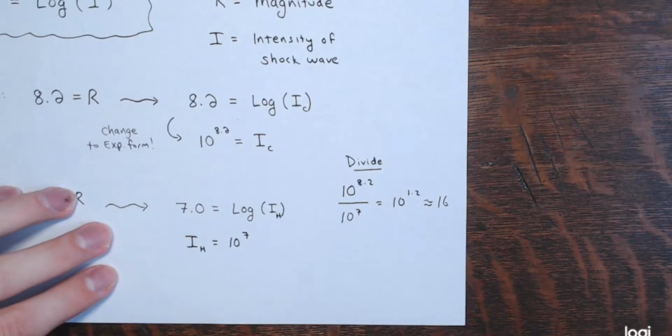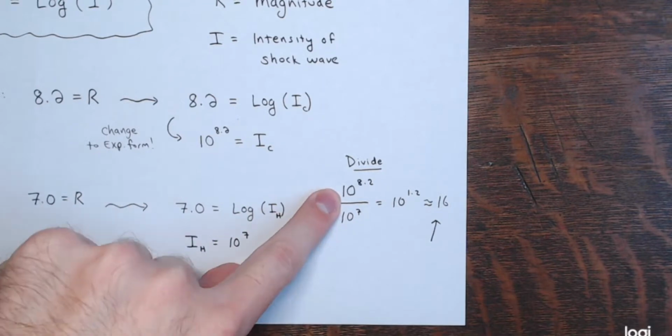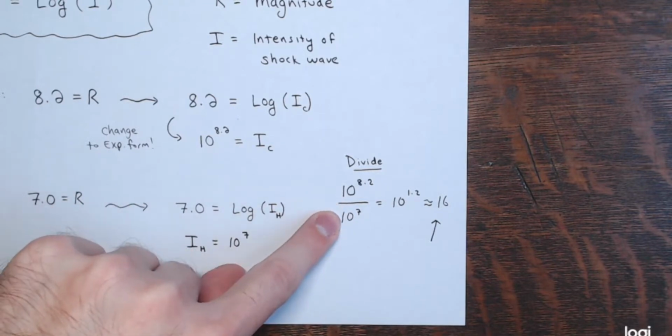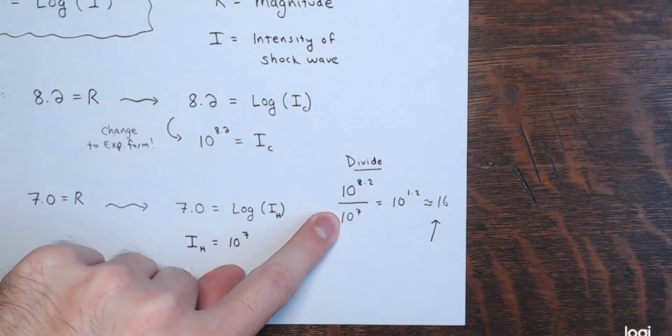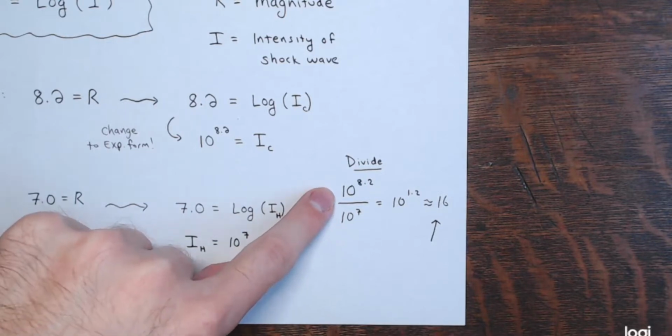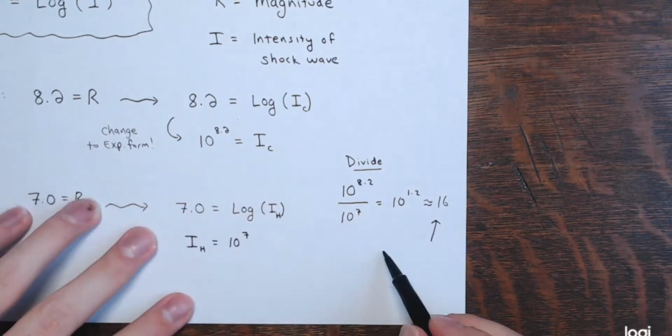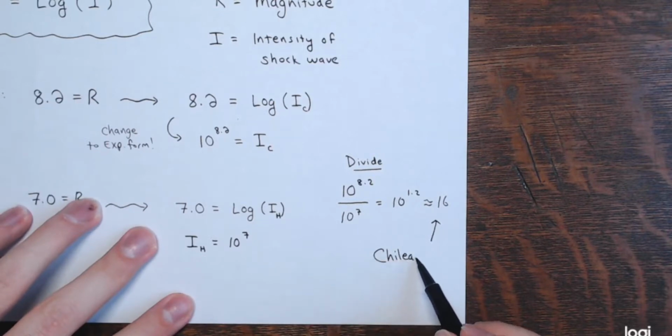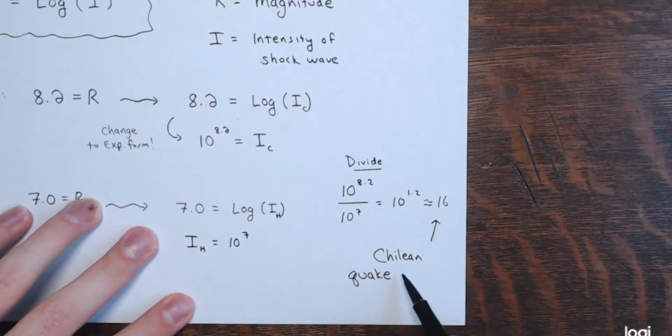So this tells me, because I took the Chilean earthquake intensity over the Haitian earthquake intensity, that the Chilean earthquake is about 16 times more intense than the Haitian earthquake.